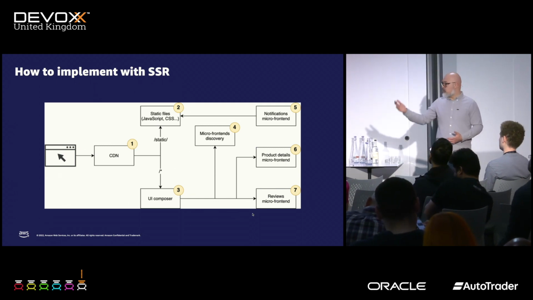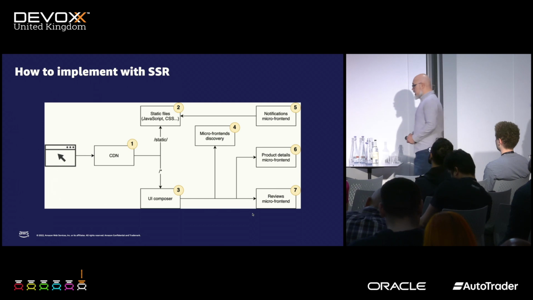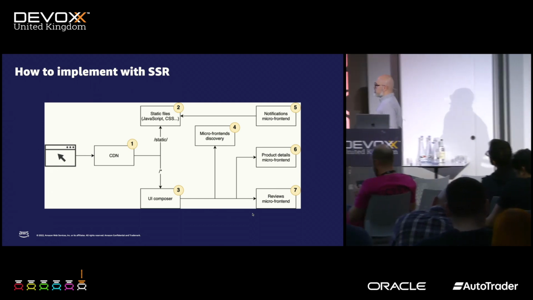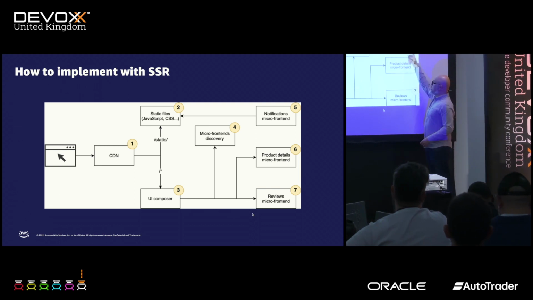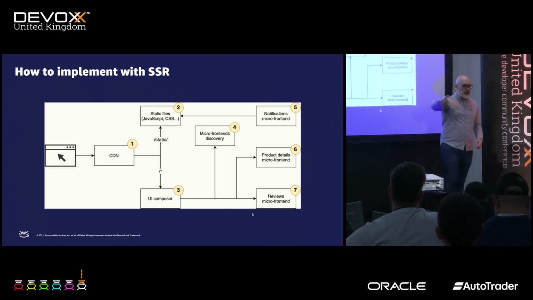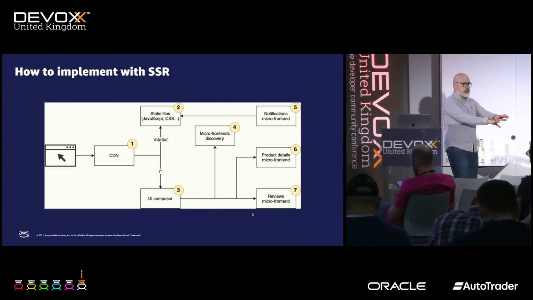HTML at the end is XML, and in JavaScript we are used to dealing with XML without any problem. So if I have the review Microfrontend or the product details Microfrontend, I can easily make a request, receive some HTML fragments and position them in the page where I want.